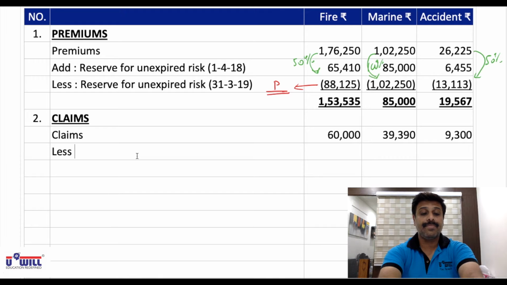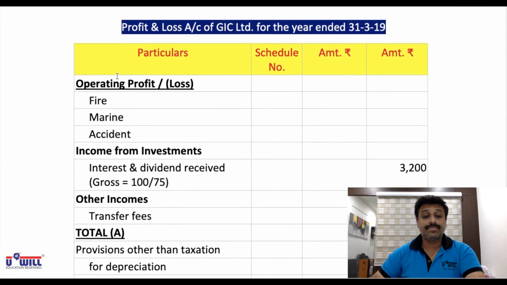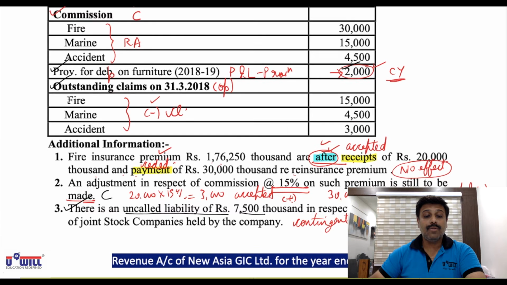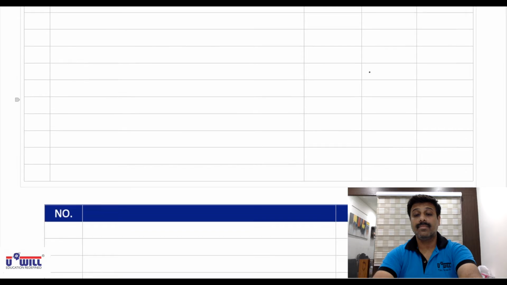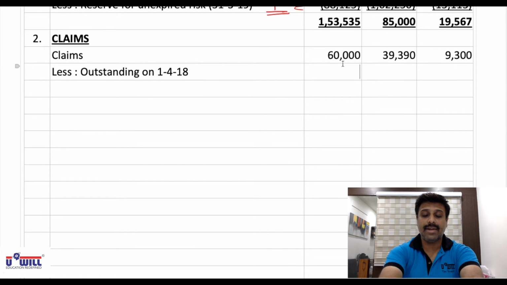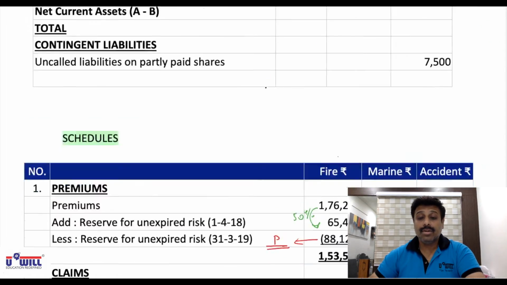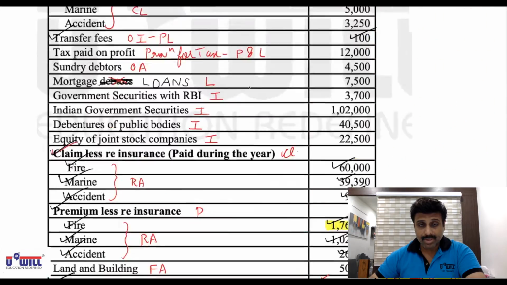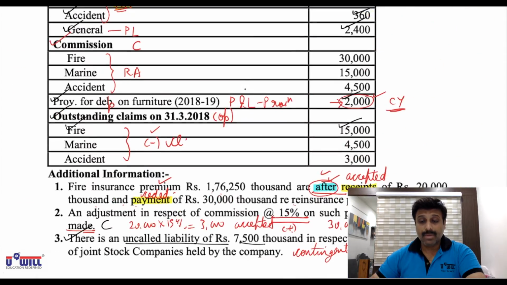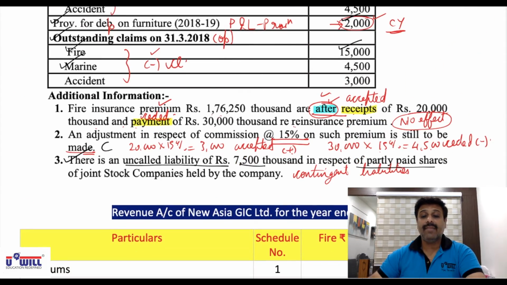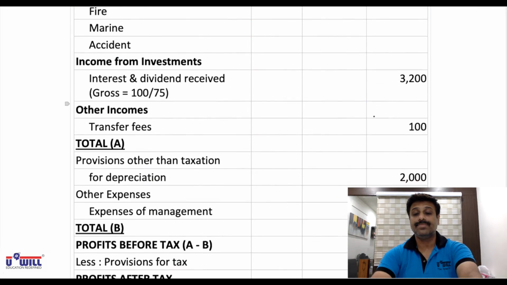Write down everyone, less outstanding on 31-3-18, meaning 1-4-18, the beginning of the year. For fire, we have to minus 15,000, in bracket. For Marine, we have to minus 4,500, and for accident, we have to minus 3,000.